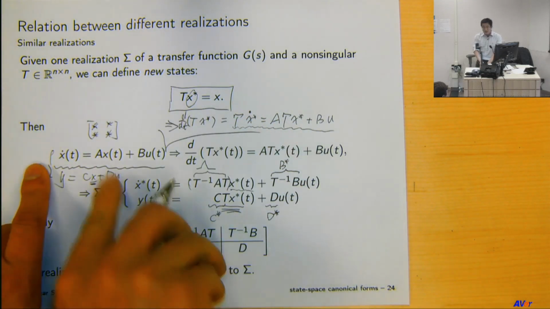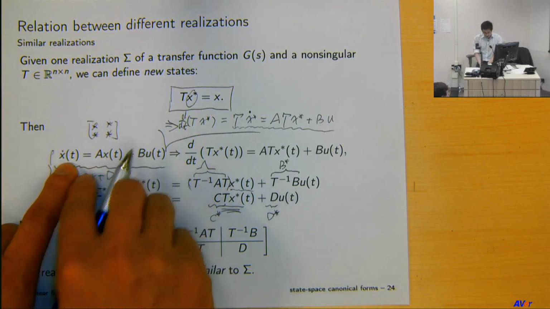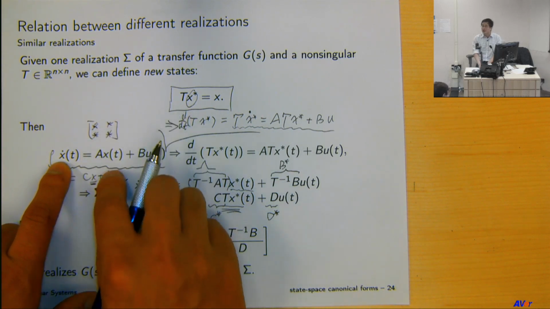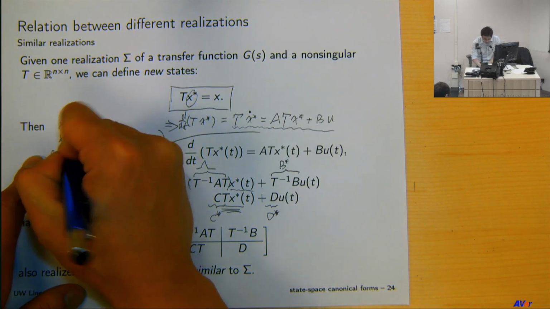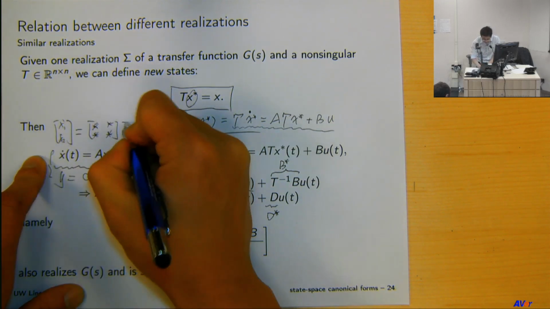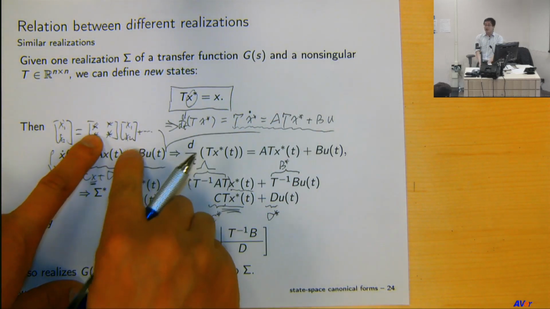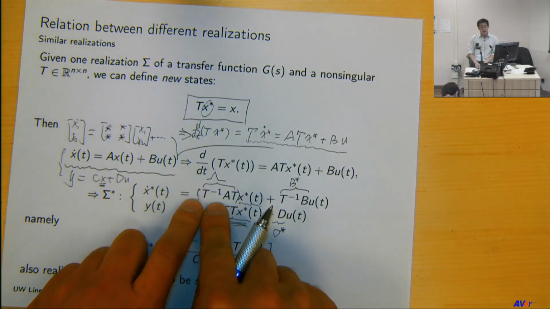So it's not easy to visualize the relationship between the states if A has elements sitting around everywhere, right? In this case, x1 star will depend on both x1 and x2. Now, if this is diagonal, what will be happening here?